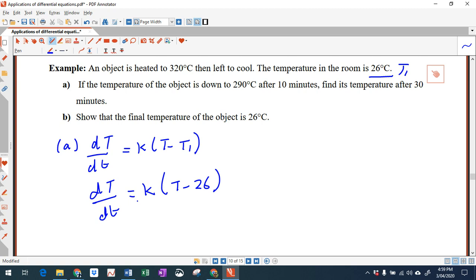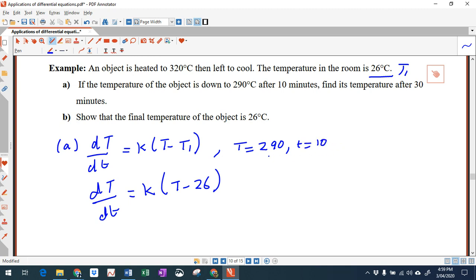Now we're going to do separation of variables on this. Before we do that, we should say, what are we trying to find here? We know that T = 290 when t = 10.